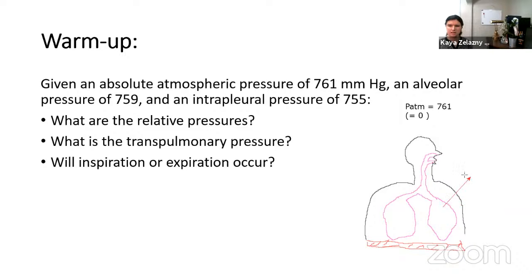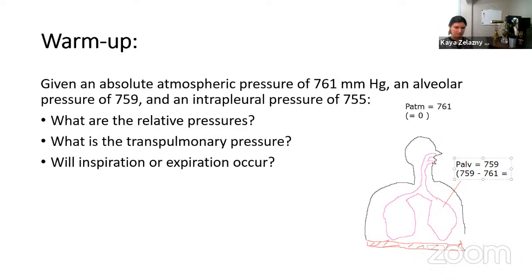Okay, so the next pressure is the pressure in the alveoli. So we start out with our alveolar pressure. What did I tell us it was? Okay, 759. So our absolute pressure is 759. To get our relative pressure then, we're going to do 759 minus that atmospheric pressure from before, so minus 761.